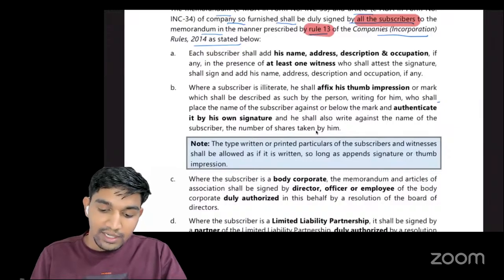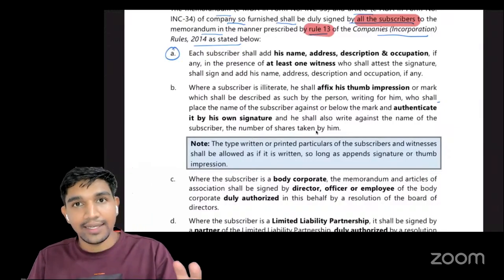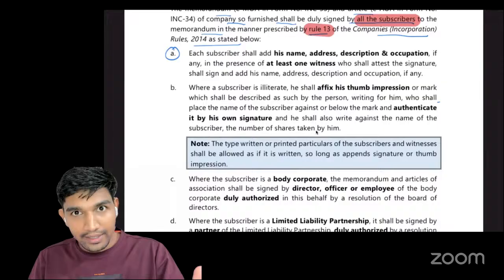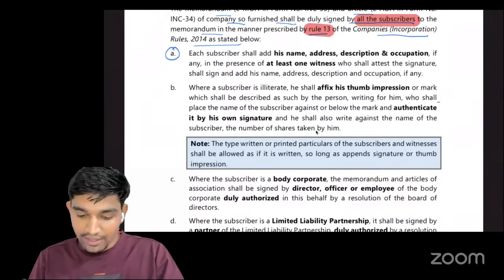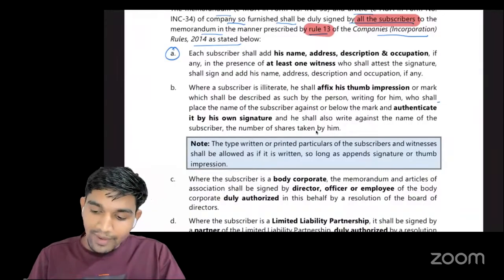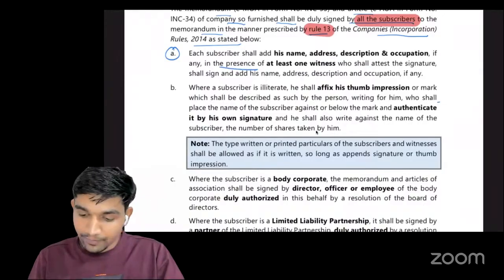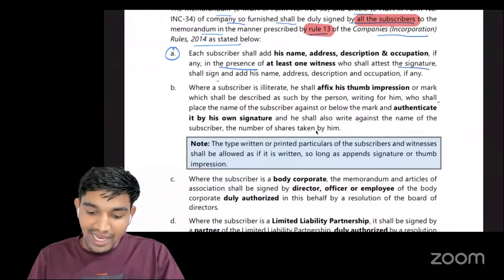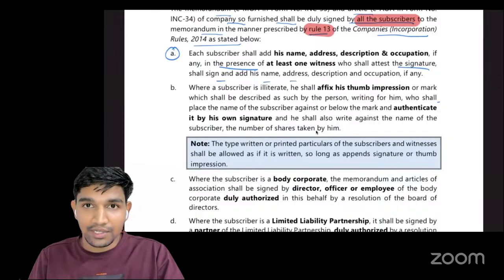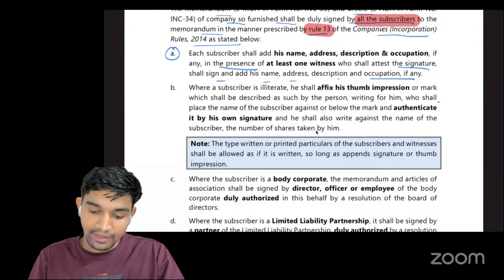First, each subscriber shall add his name, address, description, and occupation, if any, in presence of at least one witness who shall attest the signature and shall sign and add his name, address, description, and occupation, if any.